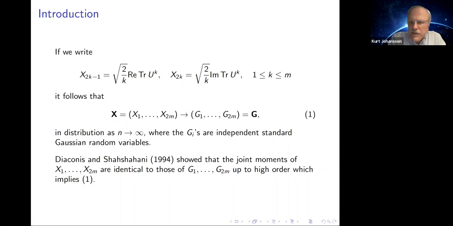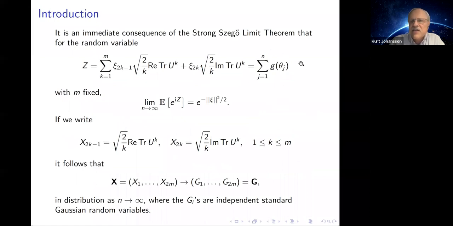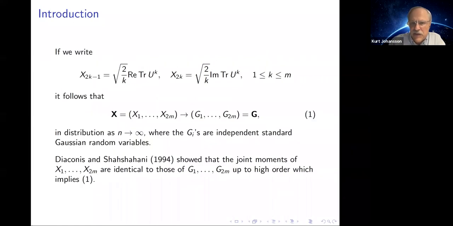What Diaconis then conjectured, based on the fact that the moments are identical to those of the Gaussian up to a high order, is that these random variables should actually be close. So this vector should be close to the limiting vector, and also a linear statistic like this, at least for a fixed m, should be very close to the Gaussian distribution.